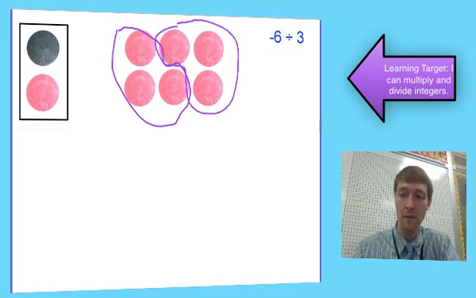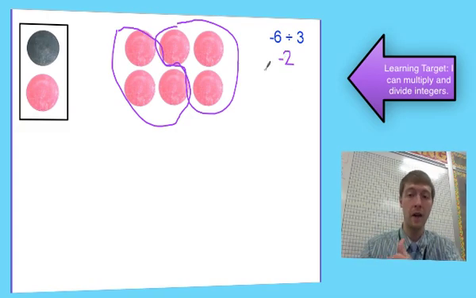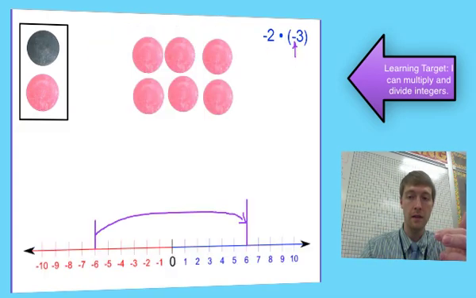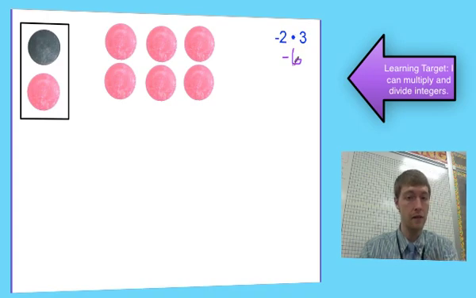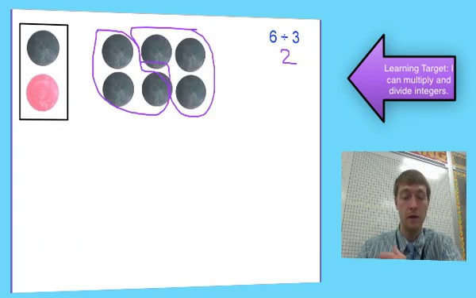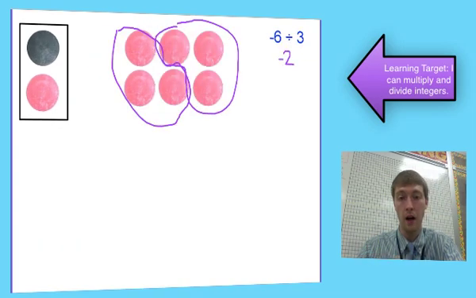I don't have positive numbers inside. Now I have 2 groups of negative numbers. So negative 2. A negative divided by a positive is a negative, just like a negative times a positive is a negative. So if we have different signs, we're going to get a negative number. And that all goes back to the definition of multiplication and division.